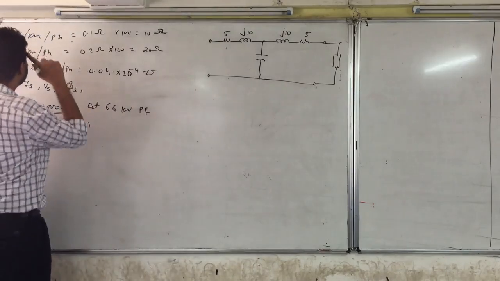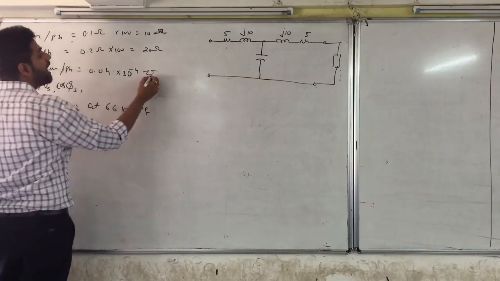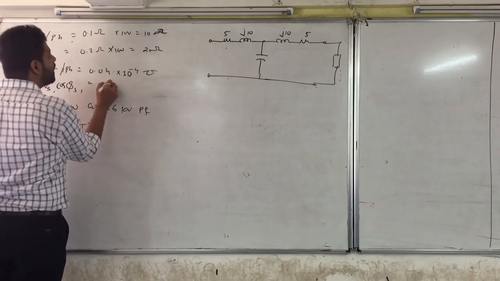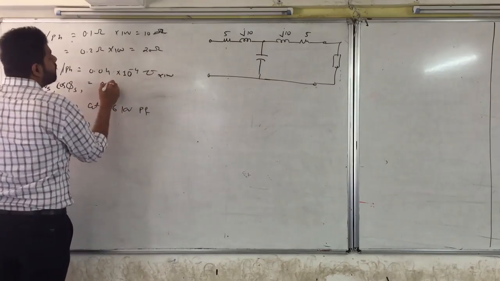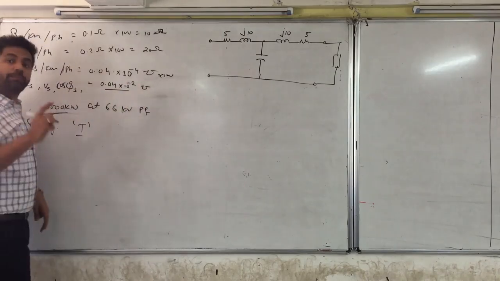Then the value of Y per kilometer per phase, multiplied by 100, so it's 0.04 into 10 to the power minus 2 per phase.